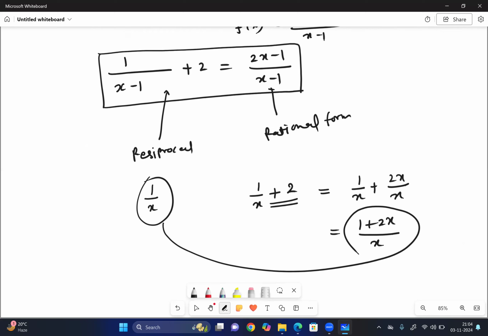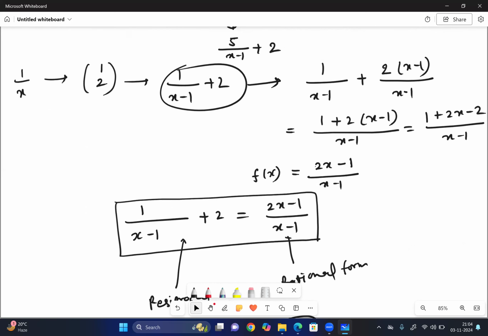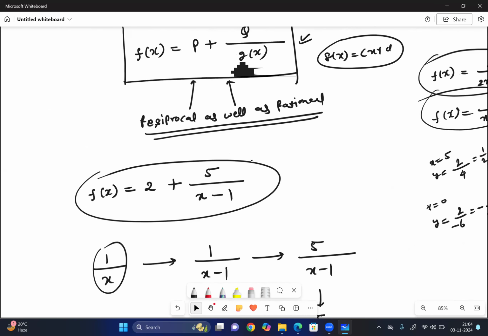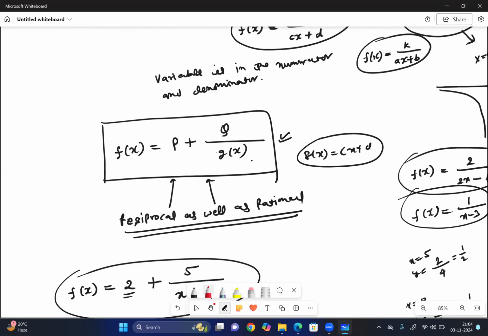So if any reciprocal function is added with any number, like in this form where P is a constant and Q is also a constant, and Gx is a function, maybe linear, maybe quadratic, whatever, this form is basically reciprocal as well as rational.